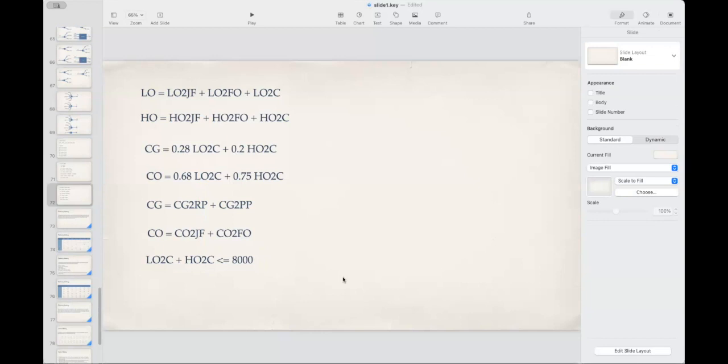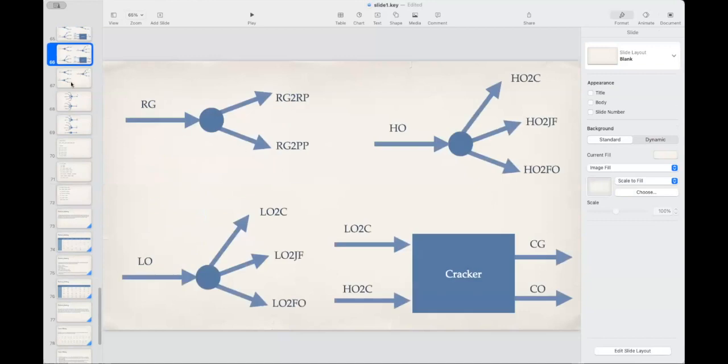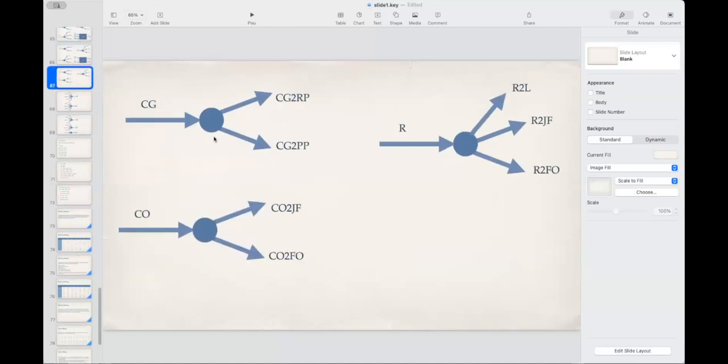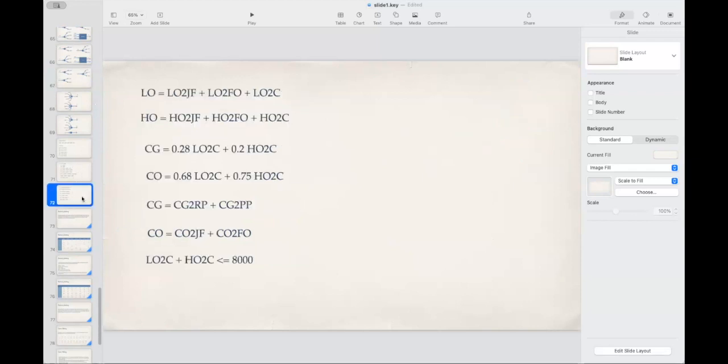What else do we need? We have constrained that already. And the next one is we move to the downstream. This one we dealt with already. The next one is residue. Residue can go to lube oil, jet fuel, and fuel oil.